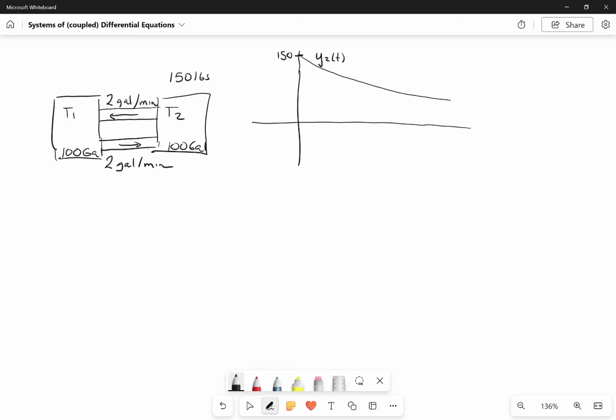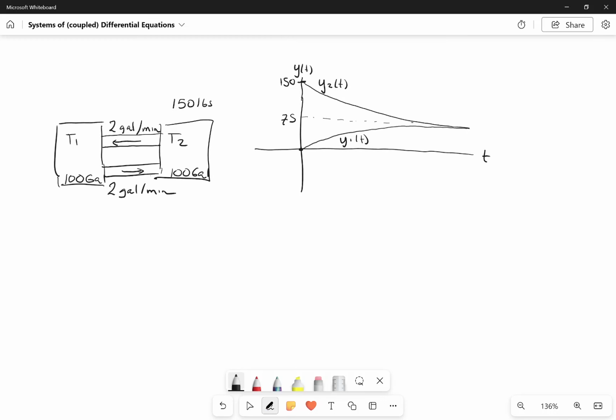And then what we expect is that tank 1 is going to gradually get more fertilizer. So it's going to start off at 0, and it's going to approach steady state. So here, somewhere in the middle, we expect half of 150. It's going to be about 75. Now, this is just to give you an idea, and this is going to be y1 at t, this is time, and this is y at t. This is the amount of fertilizer in each tank.